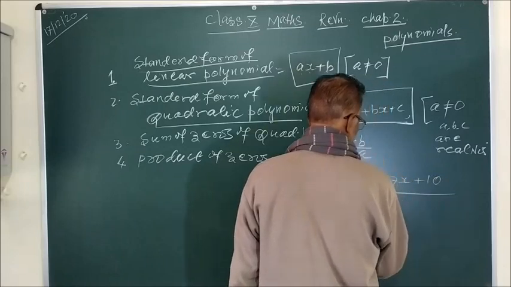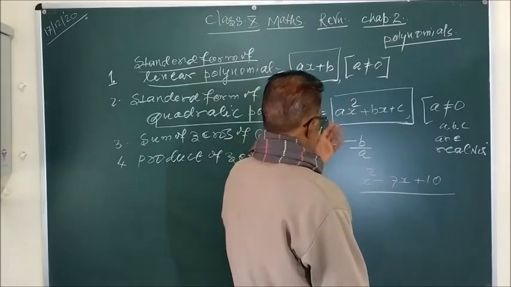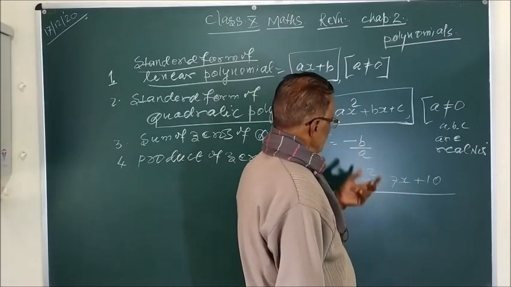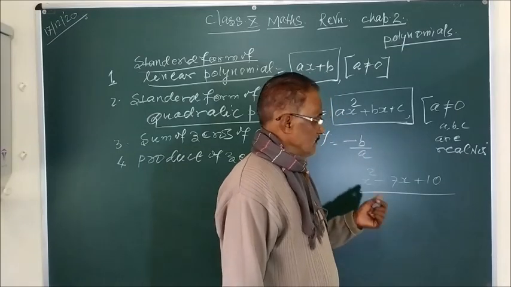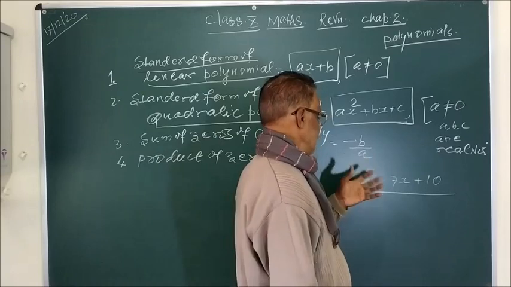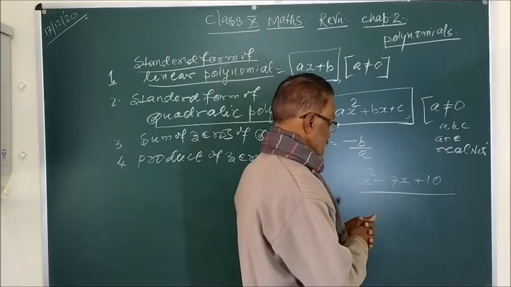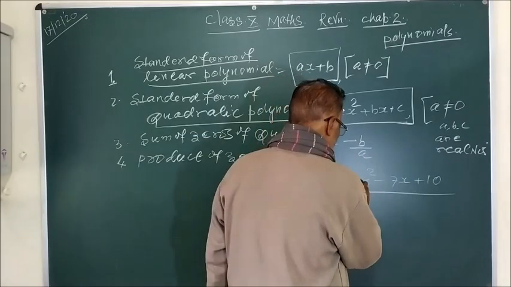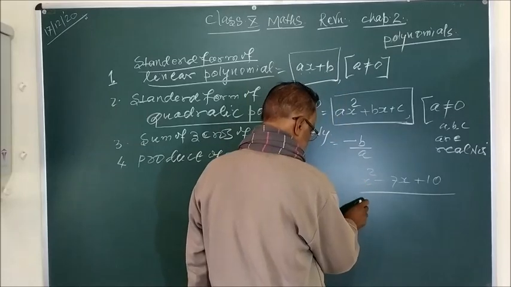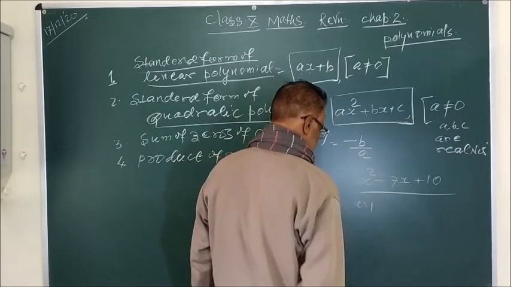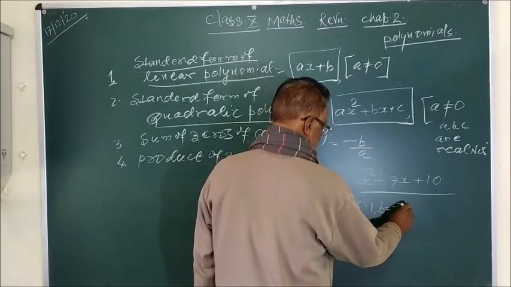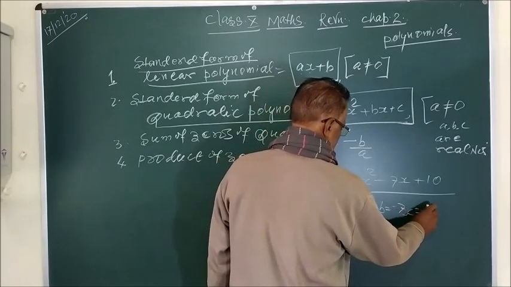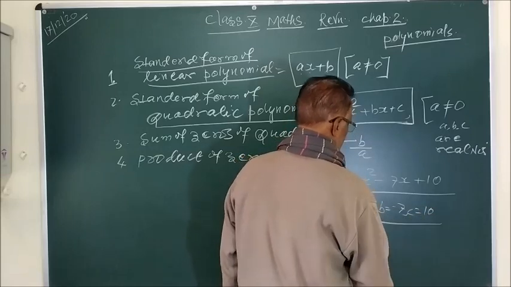If you compare with this standard form, it can be called a quadratic polynomial because the power of the variable is maximum 2. And what is the value of a? A is 1. Here a has no coefficient, meaning it is understood to be 1. B is equal to minus 7. C is equal to 10.